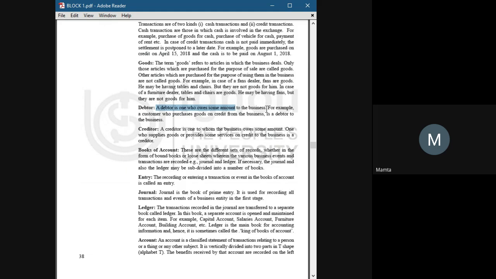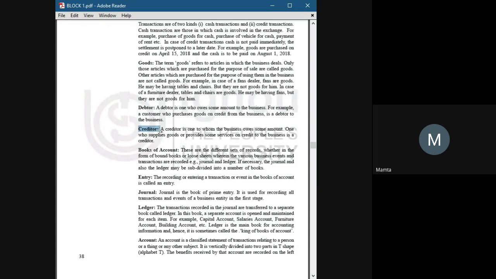Then that person will be called a debtor in your accounts. And who is a creditor? It's just the opposite of a debtor. When you purchase goods on credit and you owe some amount to someone, then that person is known as a creditor.